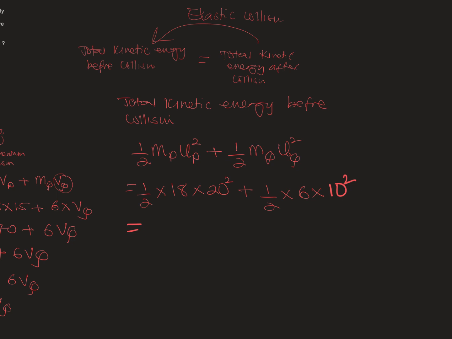If you compute this, half multiplied by 18 multiplied by 20 squared gives 3600, plus half multiplied by 6 multiplied by 10 squared gives 300.